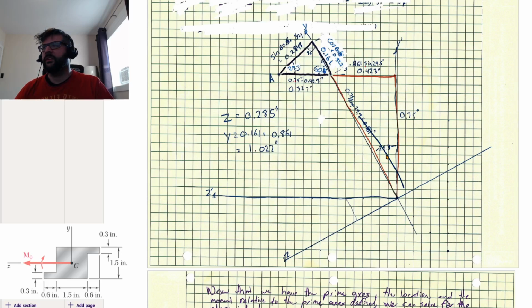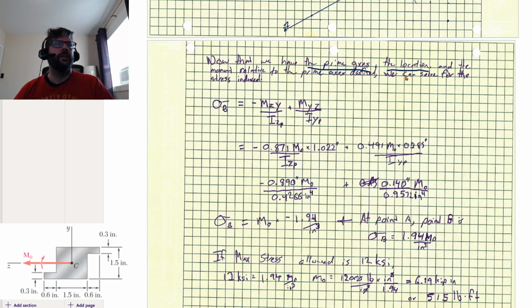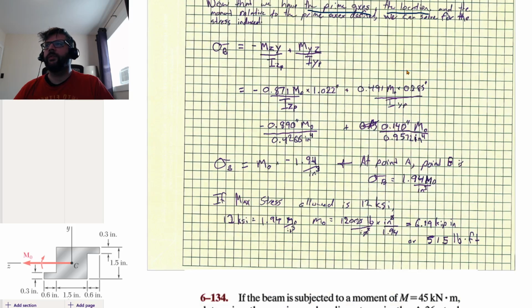I'm sure that there's also a relatively simpler formula that you could look up somewhere to do that. But anyway, we have our prime axes. We know locations are in terms of those prime axes, and we know what the moment is relative to the prime axis defined, so we can solve for our stress induced.